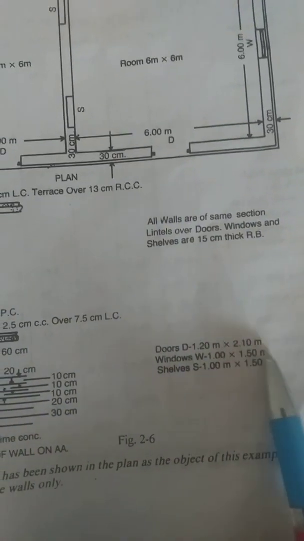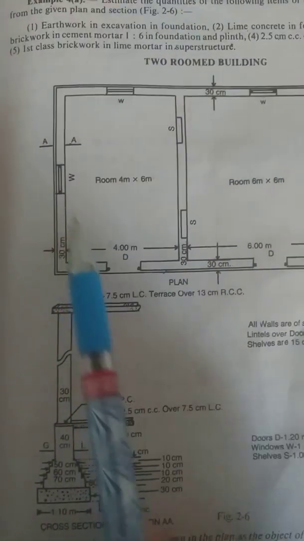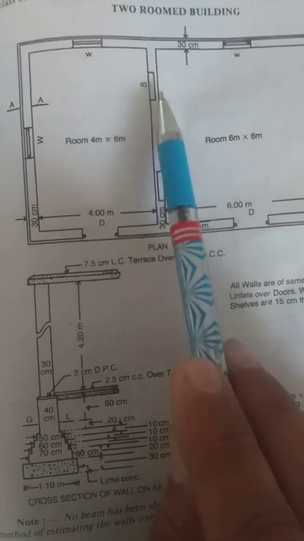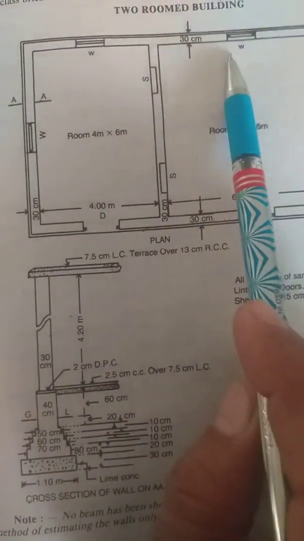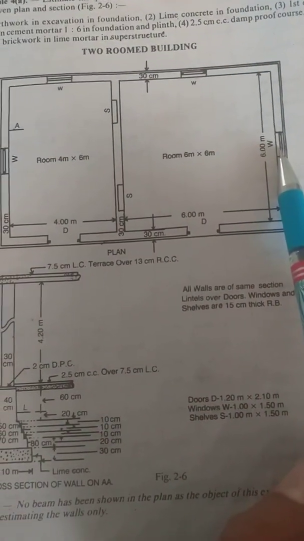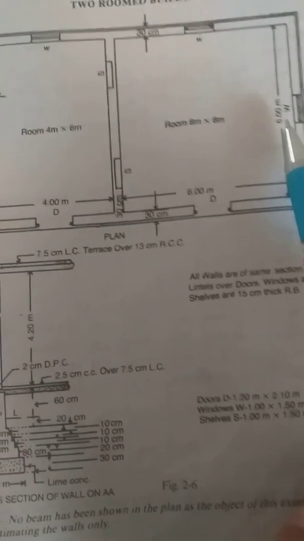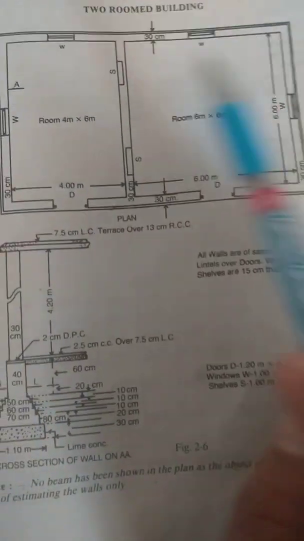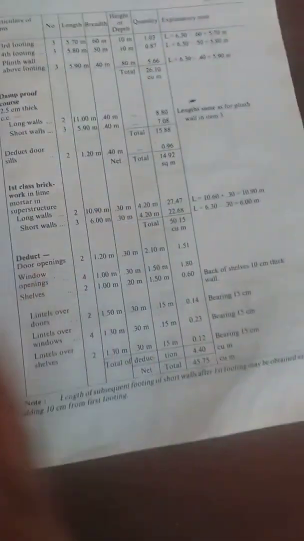This is a 1.20 by 2.10 door. This is the door, this is shelves, this is window, this is a bigger window. Are there two types of window? Let me check. No, it is a single type only. All windows are of the same size. If they were different sizes, no problem.